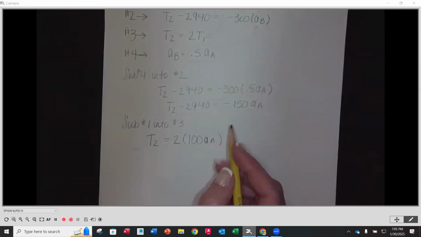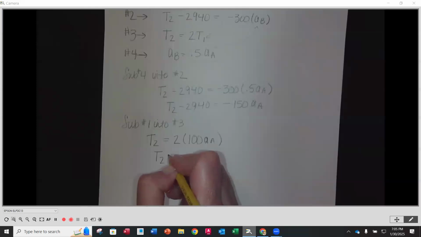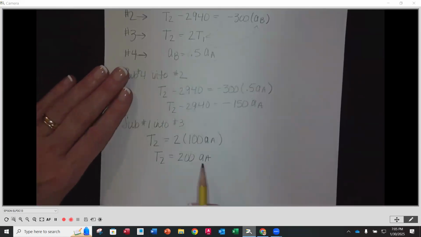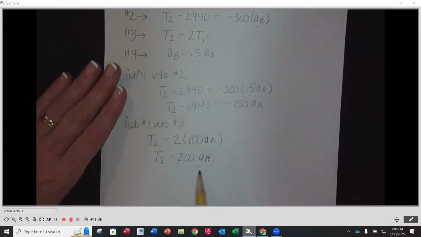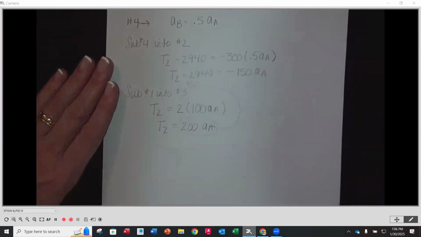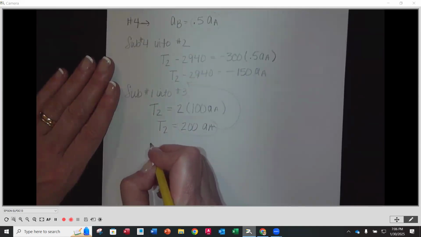Let me expand this out. T2 is equal to 200 acceleration of A. Now I can take my 200 acceleration of A and put it right in there, and then I'll have an equation with just one unknown. So I'm going to rewrite that.